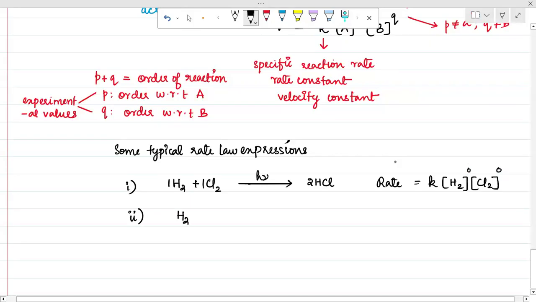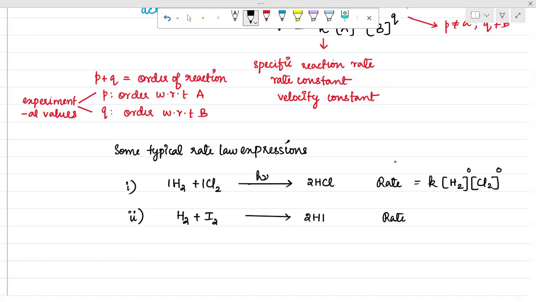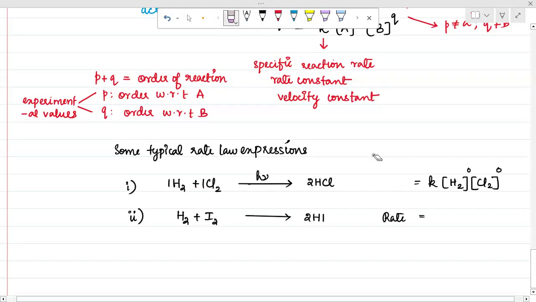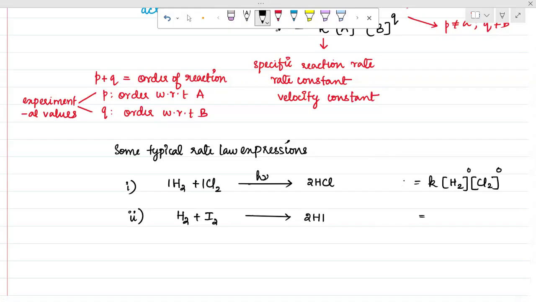Now if I change this halogen from Cl2 to I2, H2 plus I2 giving 2HI. Now experimentally, when the rate of the reaction was determined, you can write it as rate constant into H2 to the power 1, I2 to the power 1.